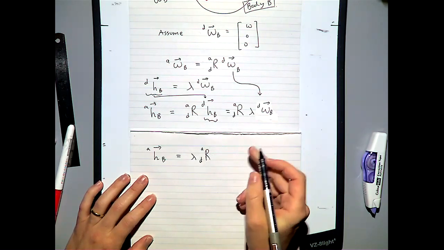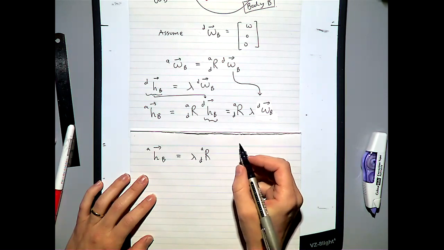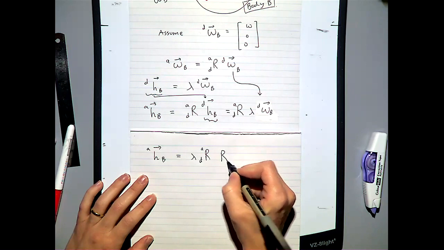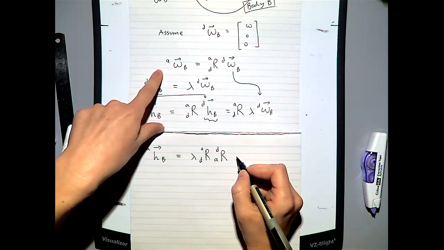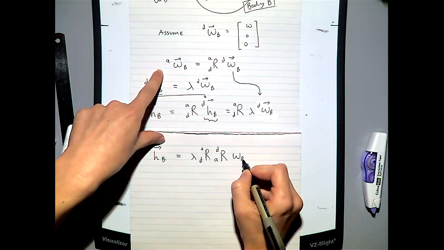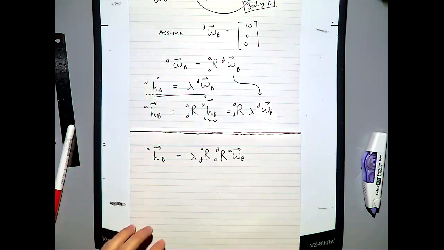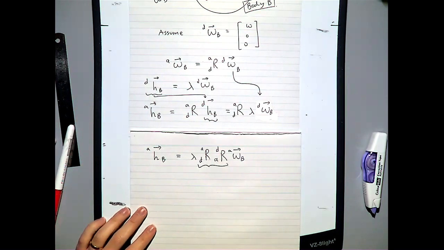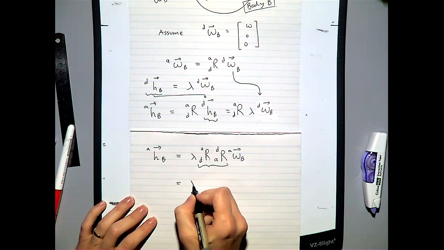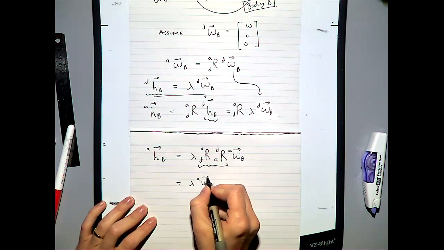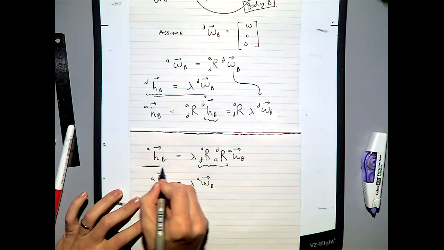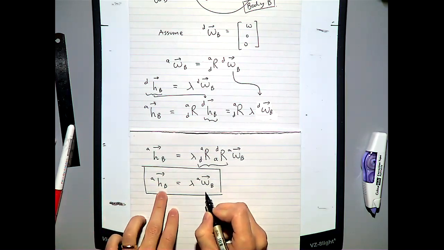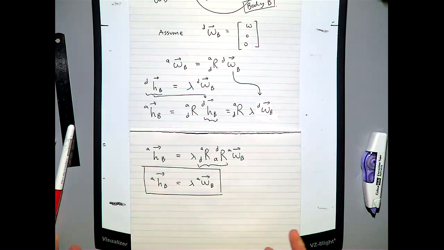Instead of this one, I will put R from A to D times omega B in A. So these two things cancel out, and I'm left with lambda omega B in A. So again, what I was trying to demonstrate is that these two vectors are still parallel, never mind in what frame I represent them.